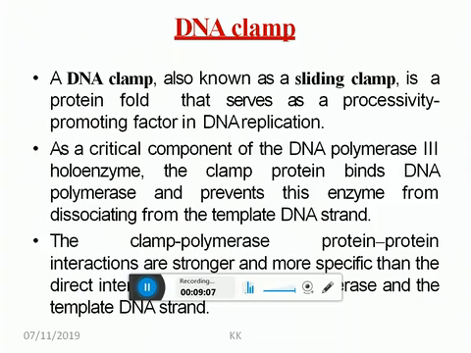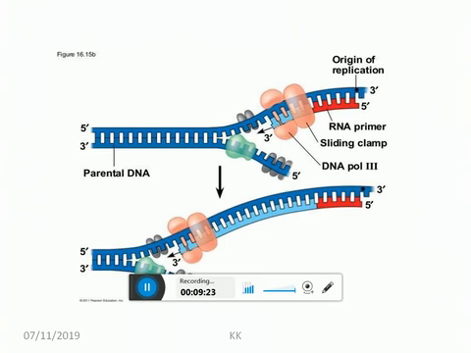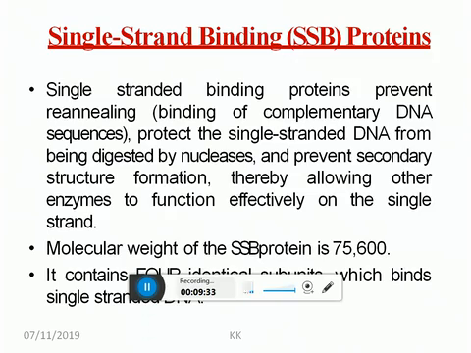The protein-protein interactions are stronger and more specific than direct interactions with the DNA. This is the structure of the DNA polymerase; when the clamp is formed, the protein-protein interactions are very strong.